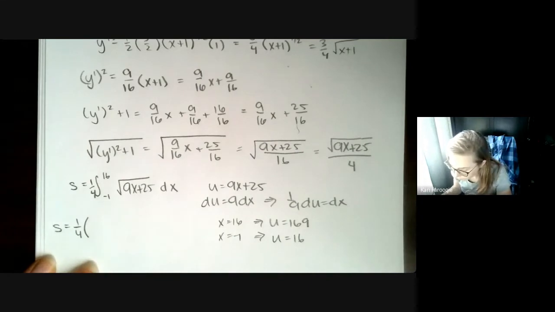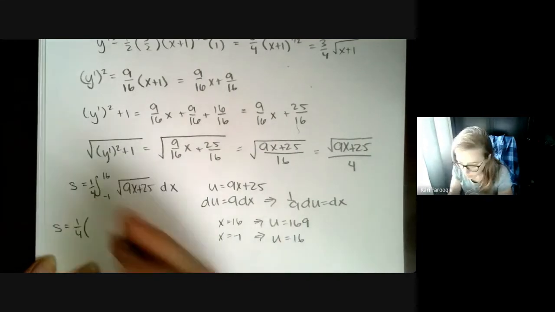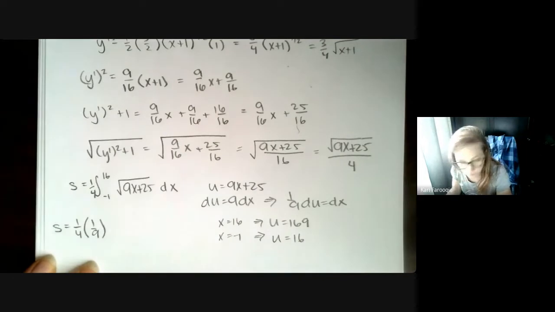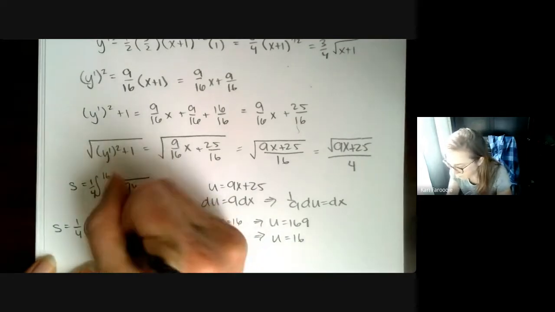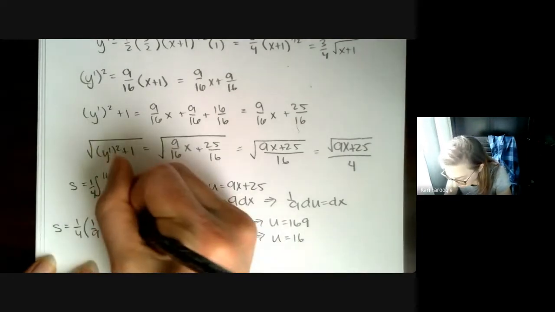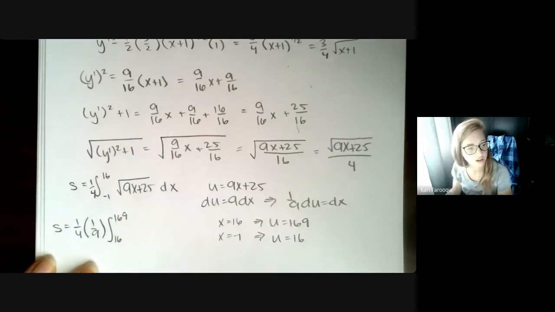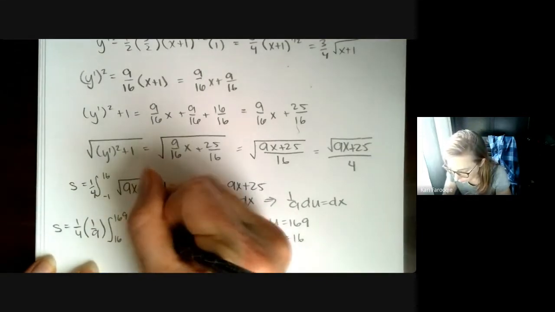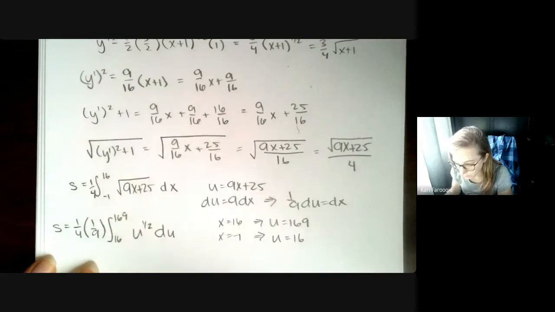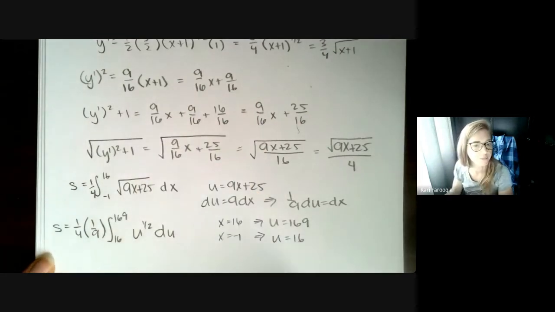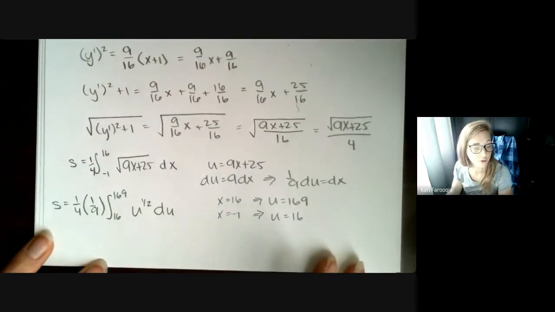So I have 1/4 times, and I'm going to put this 1/9 in front because that's part of the dx substitution. I'm going to go from 16 to 169, and I'm going to take u to the 1/2 power du. And like I said, if you guys have questions, let me know.